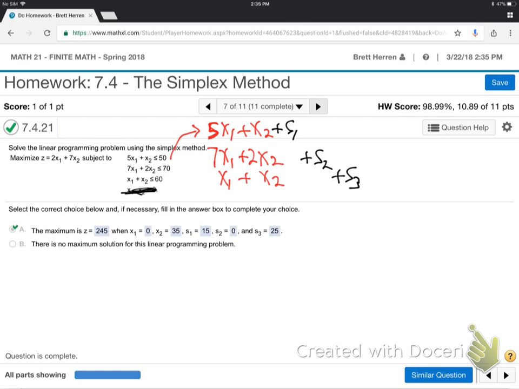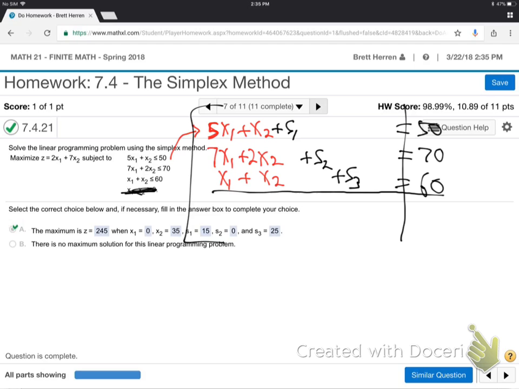Now that's all. And you've got to put on the right side over here whatever those numbers were. What were they? 50, 70, 60. Those are still there. Now we have one more that goes on the very bottom. What goes on the very bottom? Yeah, the Z. Remember how we do the Z?